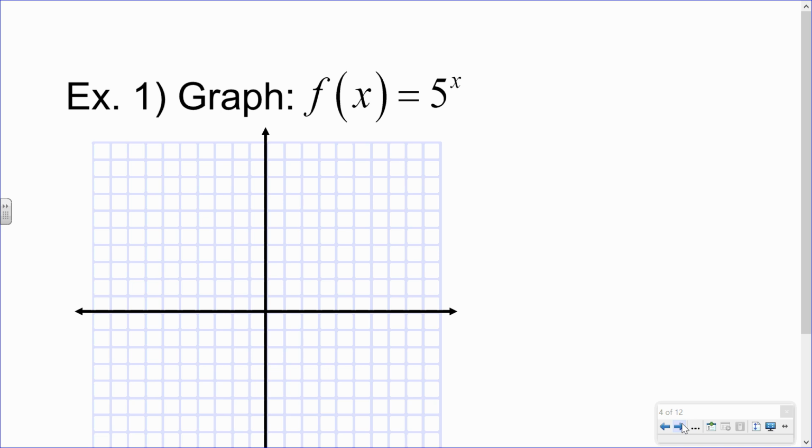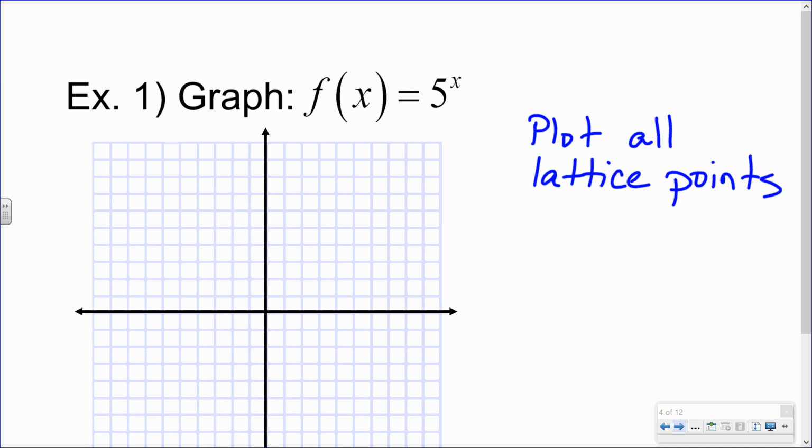So let's go through a couple of graphs of how we do these. I require you to plot all lattice points, which means everything that has integers for both coordinates. You don't have to worry about the ones that have fractions in there. So do we know the y-intercept?